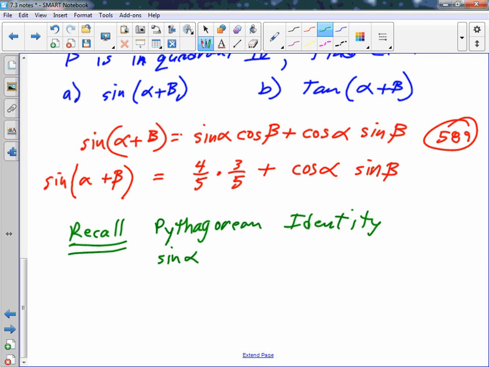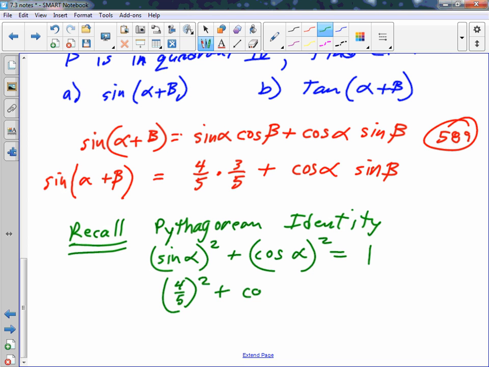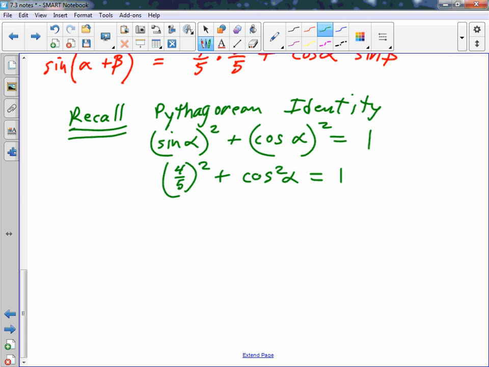Sine squared alpha plus cosine squared alpha equals 1 squared, which is just 1. So we know sine alpha is 4/5. We can square it, plus cosine squared alpha equals 1. Then what?